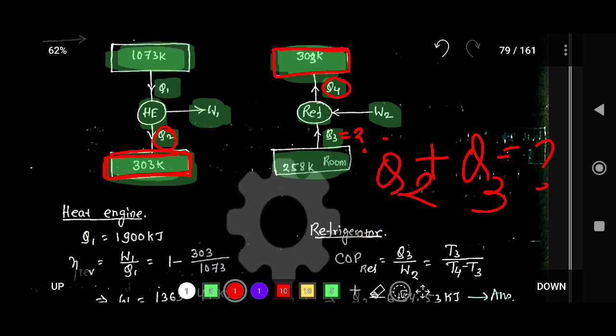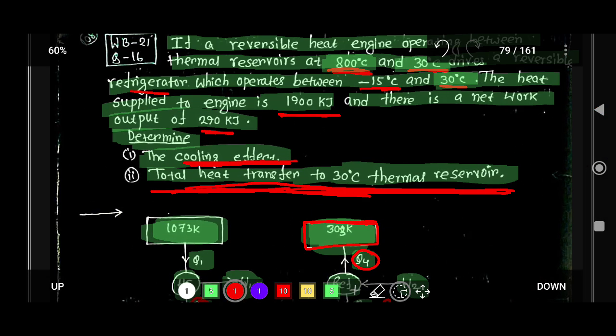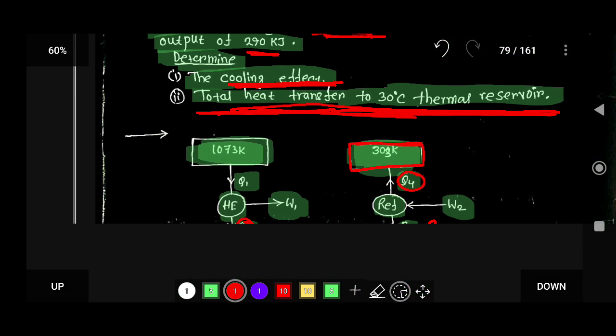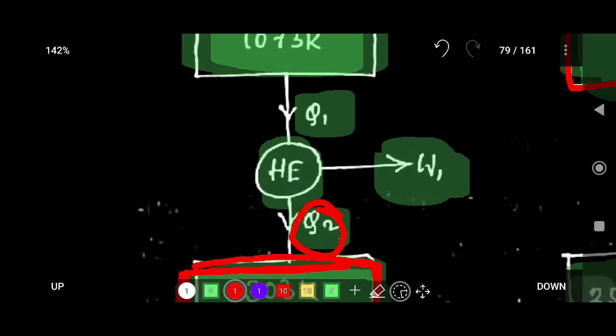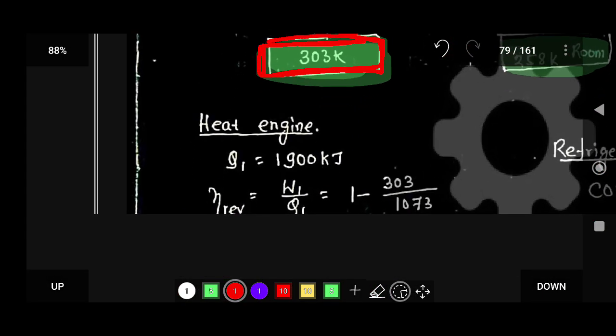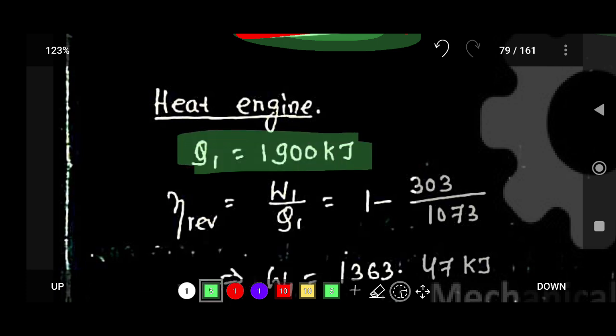Another thing is that the heat supplied to the engine is 1900 kilojoule. So Q1 amount of heat is supplied to the engine, and the data is given: Q1 is equal to 1900 kilojoule.